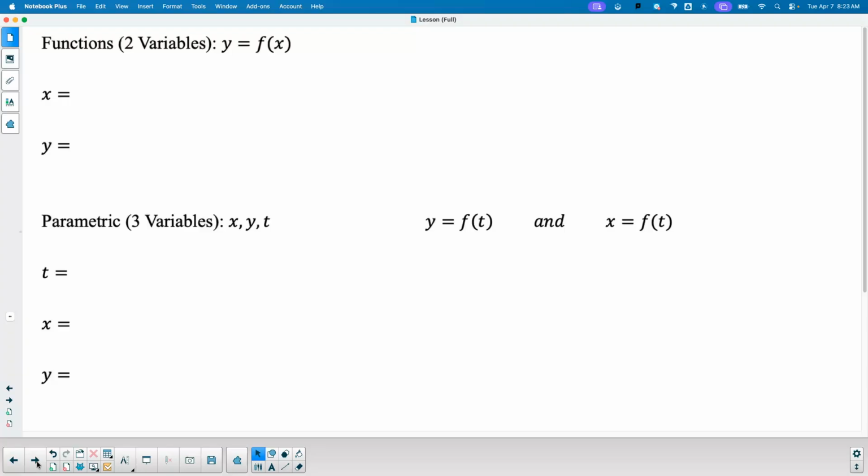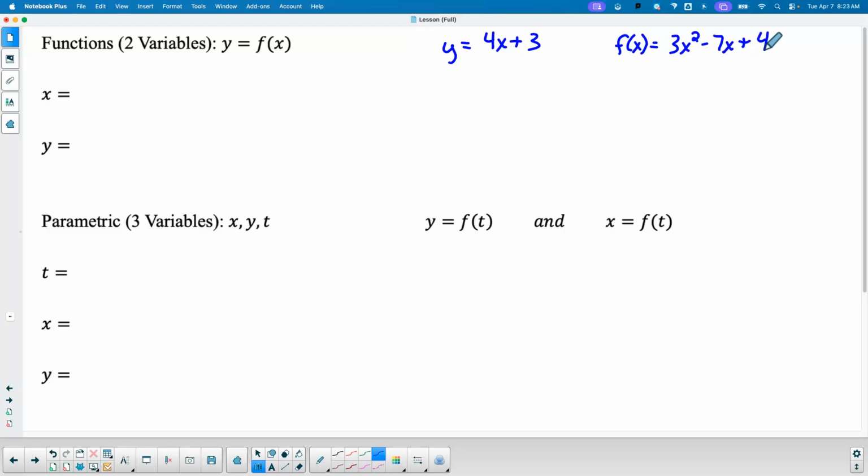You've seen it 1,000 times now. Something like y equals 4x plus 3. That's a linear function. Something like f of x equals 3x squared minus 7x plus 4. Those are functions in 2 variables, x and y. Cartesian functions, if you will.